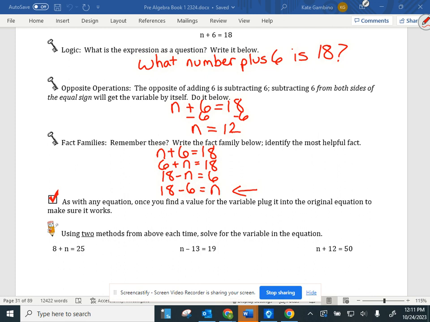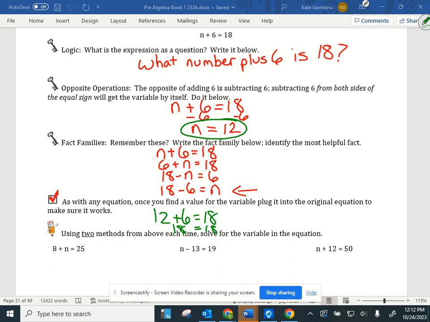So as with any equation, once you find a value for the variable, you need to check your work. And to do that, you need to put that variable value back into the equation. So we want to see if it works. Here we found n equals 12. So we're going to put that back into our equation and say 12 plus 6 equals 18. 12 plus 6, who knows 18? 18 does equal 18.